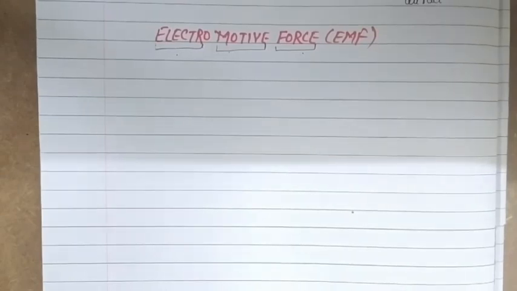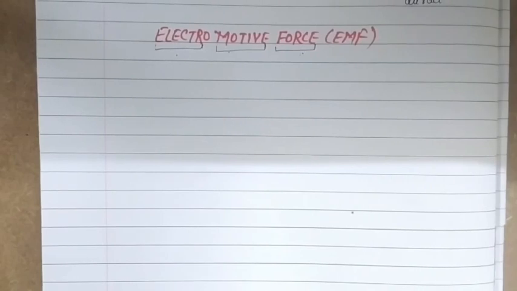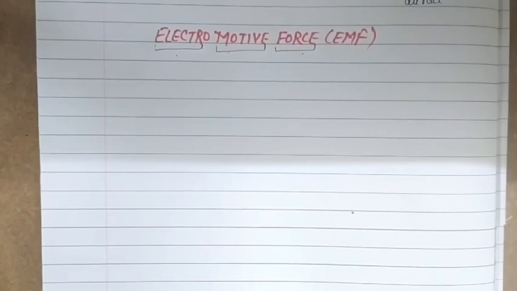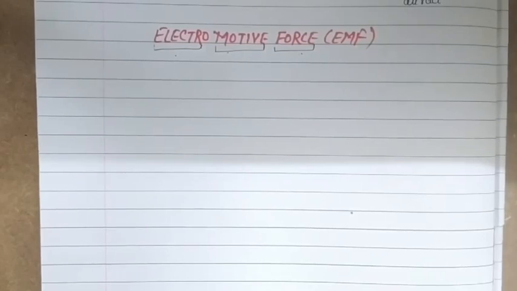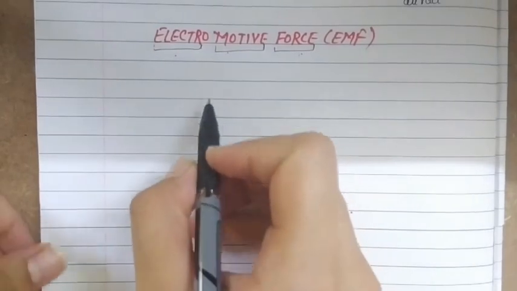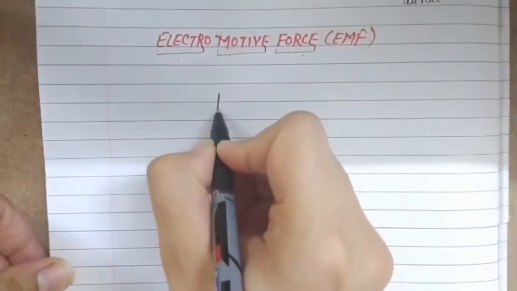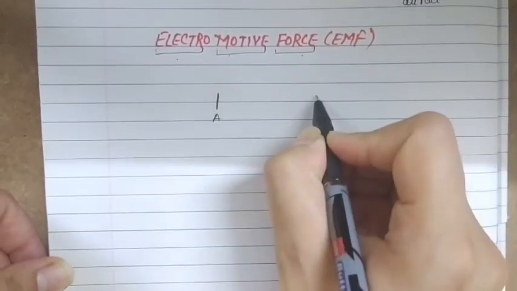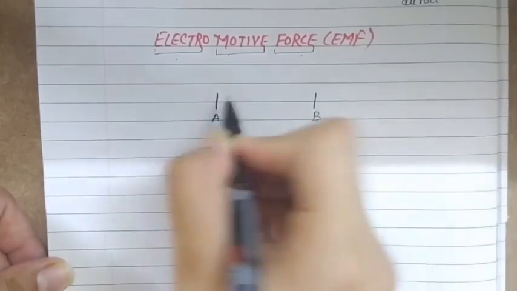To understand this we need a source, or the very common source that we have is a battery. So what is a battery? A battery is a device having two terminals and an electrolyte or a chemical solution in between it, and maintains a certain potential difference between the two terminals. Okay, so here I am going to draw a schematic diagram of a very common battery.